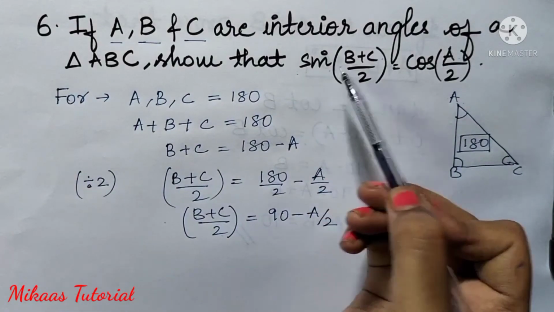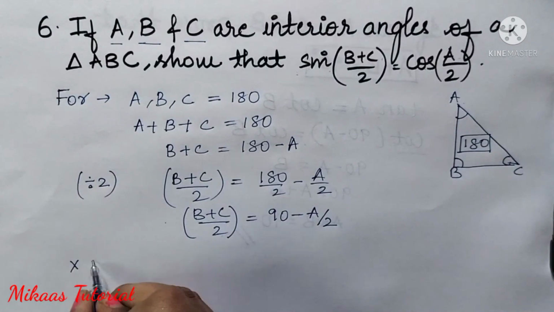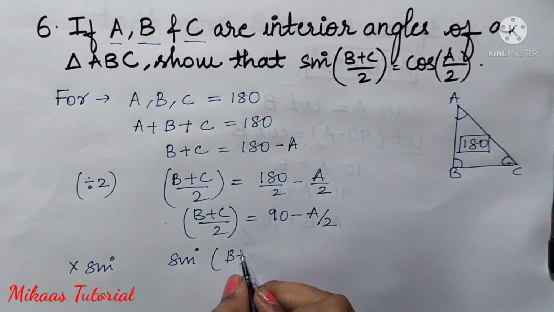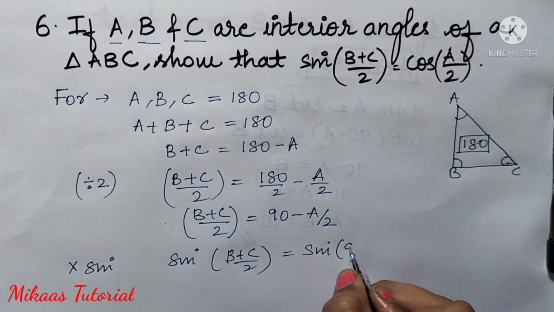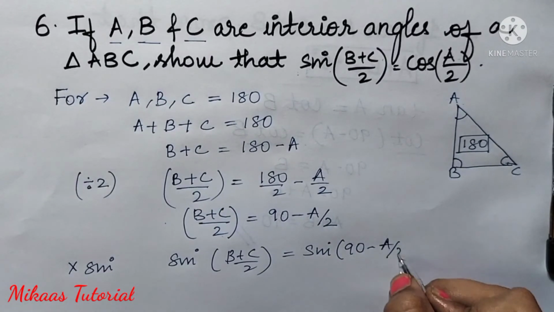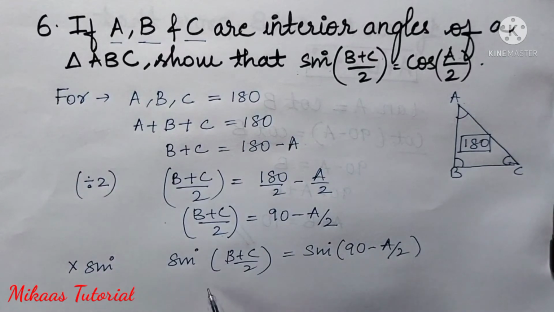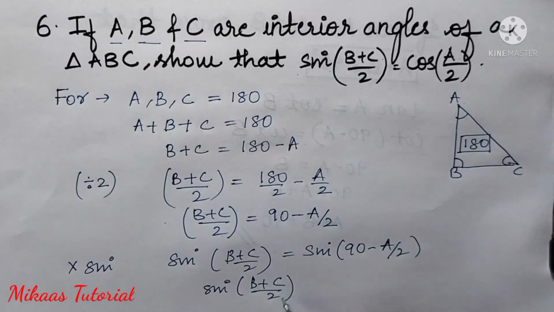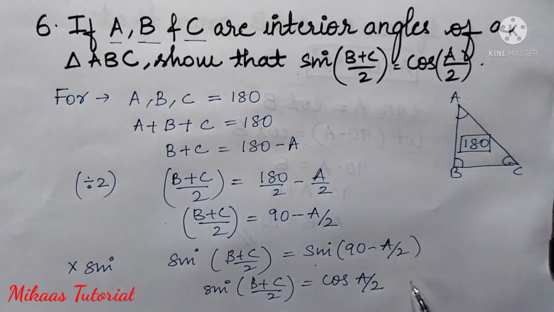In this case, multiply both sides by sine. You will get sin((B+C)/2) is equal to sin(90 minus A/2). And sin(90 minus A/2) gives cos(A/2). So sin((B+C)/2) is cos(A/2), because sin(90 minus theta) is cos theta.